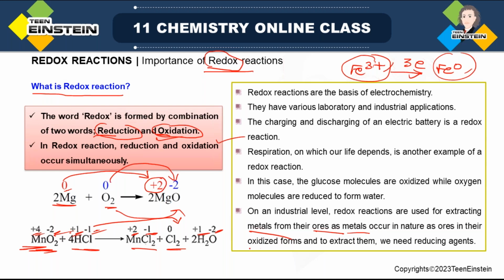When they are present in ores they are in oxidized form, and after extraction they will be in metallic form, and we need some reducing agent. So these are some applications of redox reactions, and that is why they are so important, and why we have this separate unit based on this type of reaction.